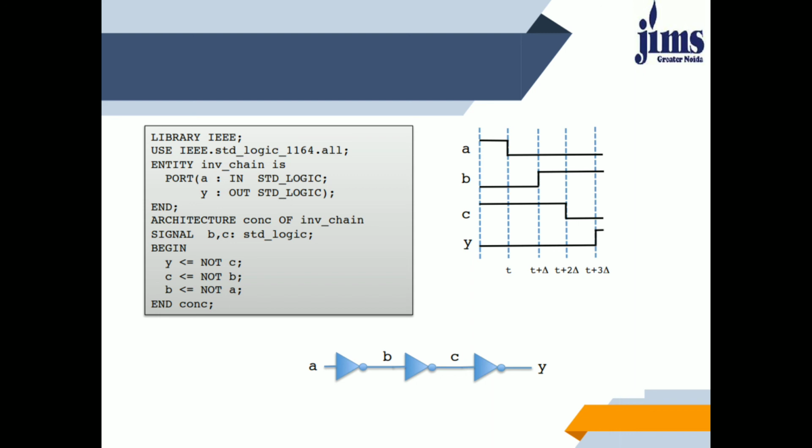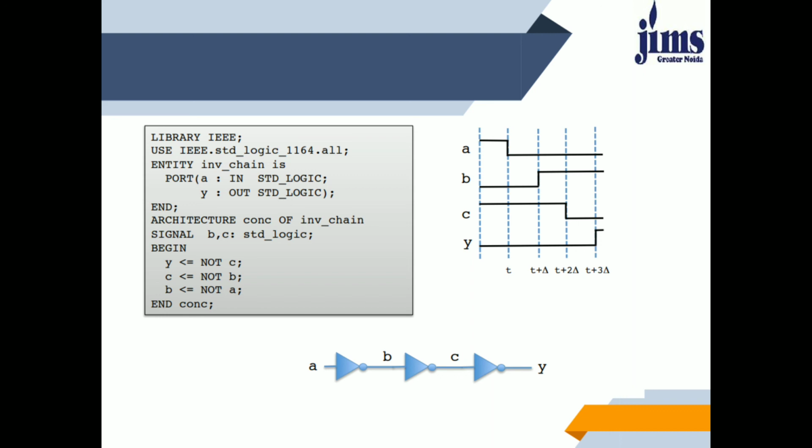Here, as you can see, we are defining library IEEE, use IEEE.std_logic_1164.all. These are the use of libraries. We define them so that we can compile the types from there. For this circuit, we need to define two ports, A input and Y output.